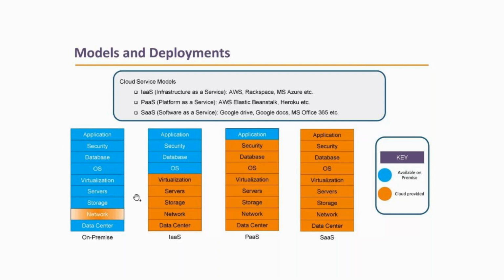Okay, so if we come to the cloud service models, we have already seen these three. How does it work? It is IaaS, infrastructure as a service. What do we do? We simply pick our required server, whatever server we want to provision, and launch that server. Up to virtualization, we don't need to bother about it.